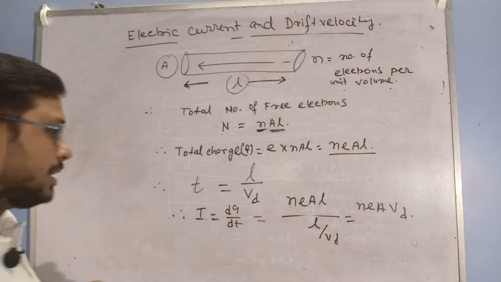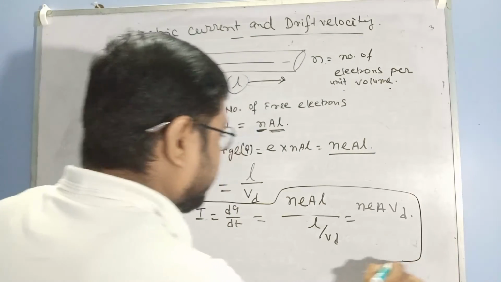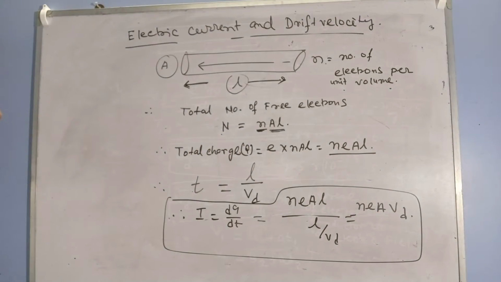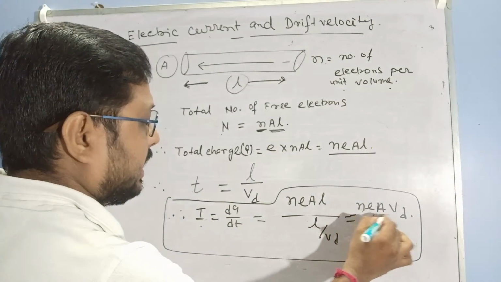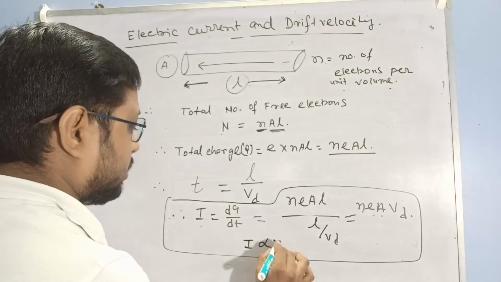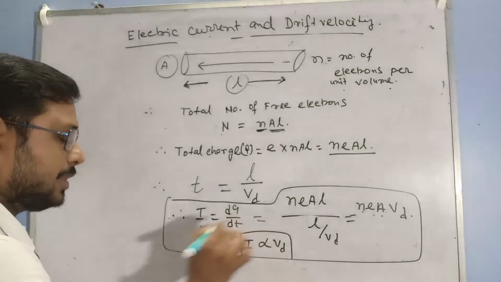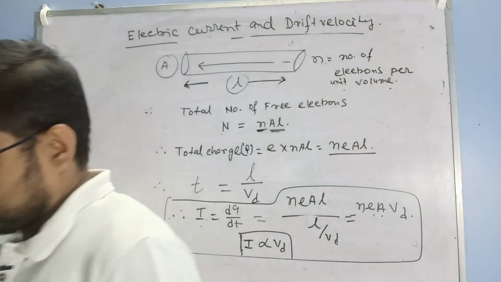Therefore, current I equals neA Vd. This is the relation between current and drift velocity. Generally, I is proportional to Vd. If the drift velocity is greater, then the magnitude of current will be greater.